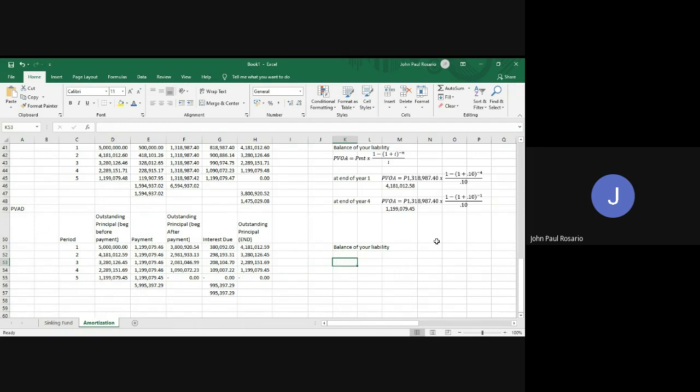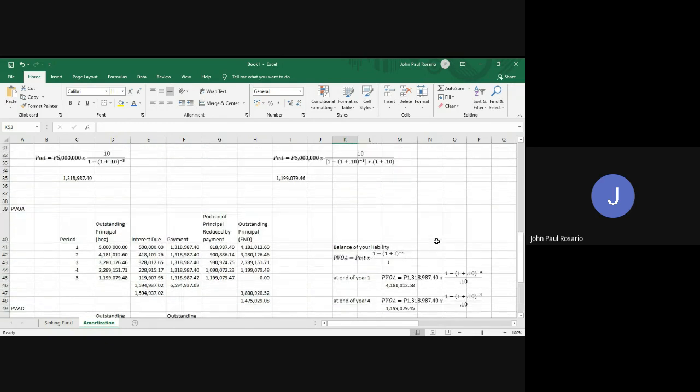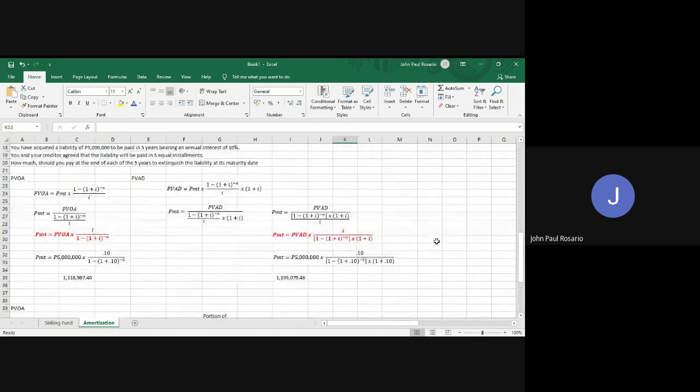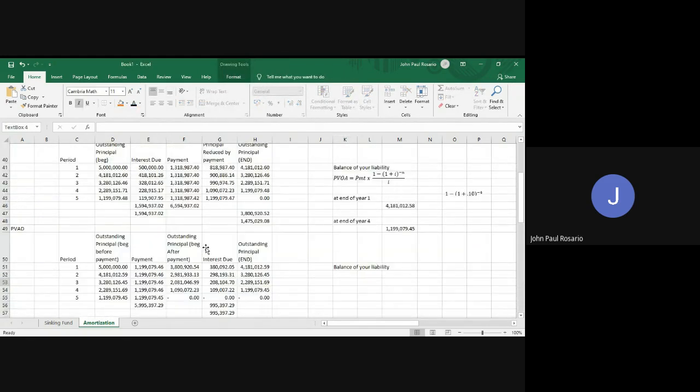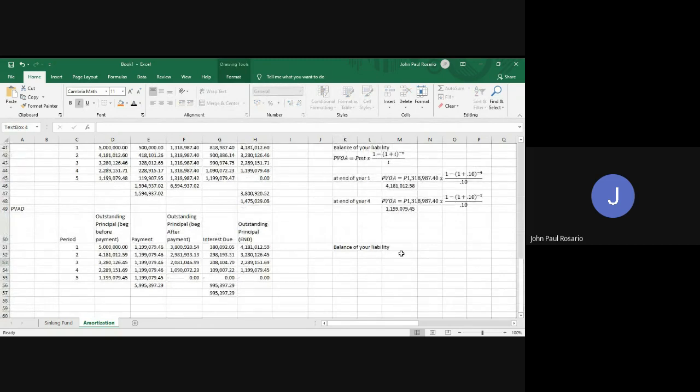For this, we will be using this formula for the balance of liability. So for the end of first year, let's just copy this.